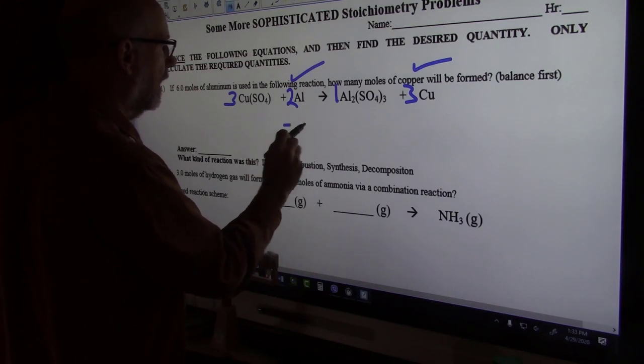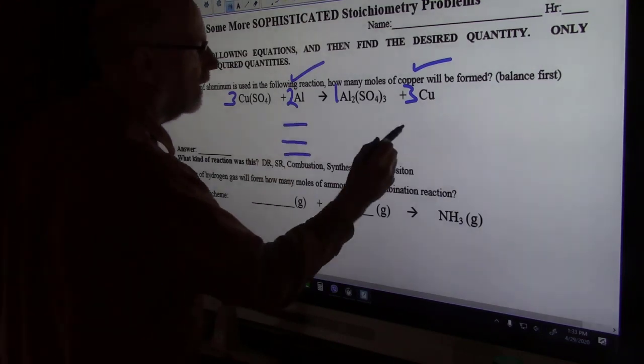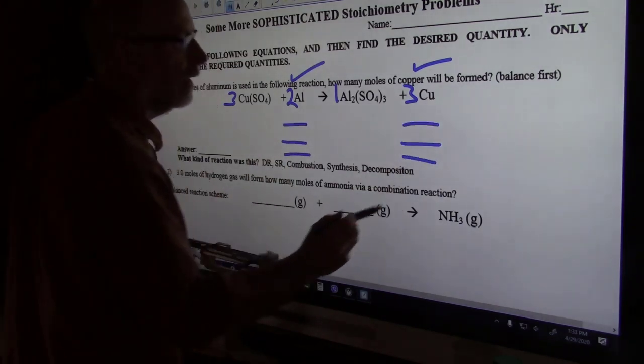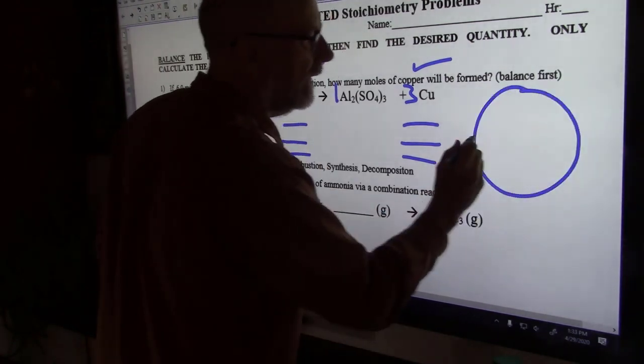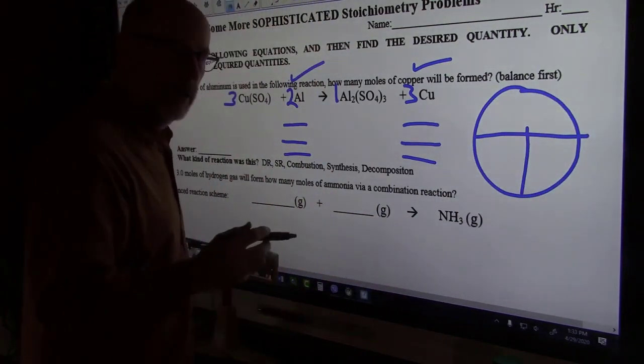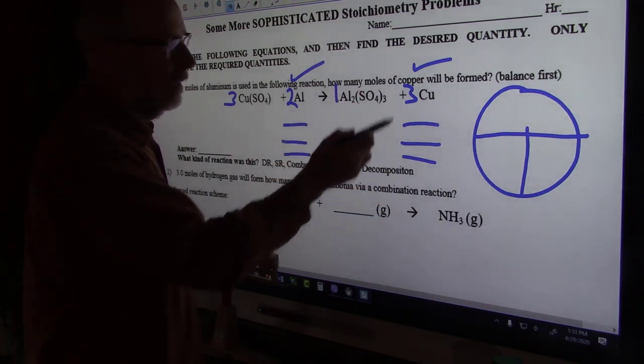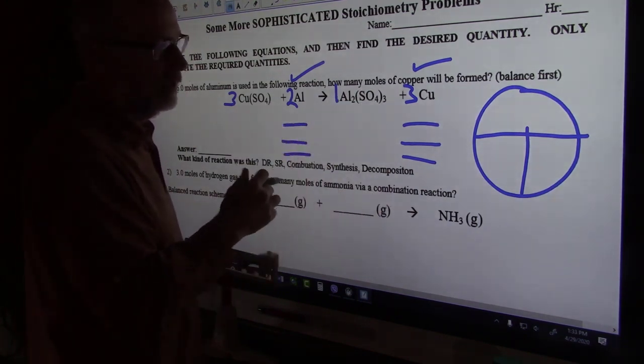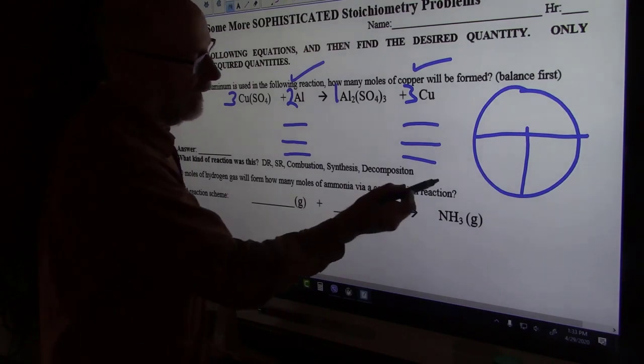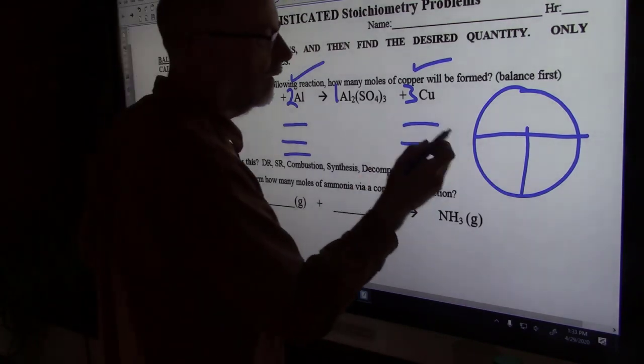So I'm going to put a line, line, line under this, and line, line, line under that. There are 3 quantities that you need underneath each species. Underneath this species, underneath that species. When we start to talk about gases, we'll actually add a 4th line underneath this.